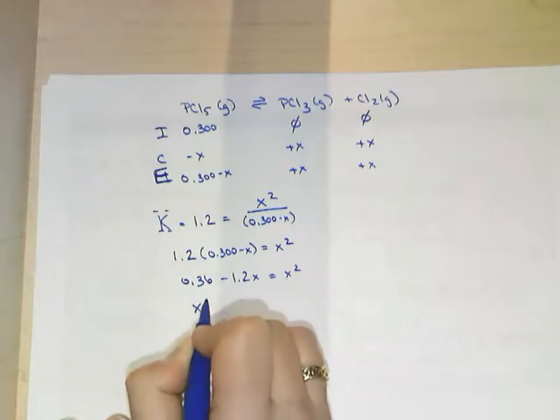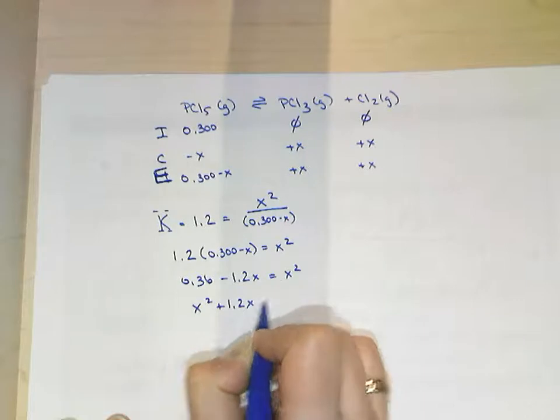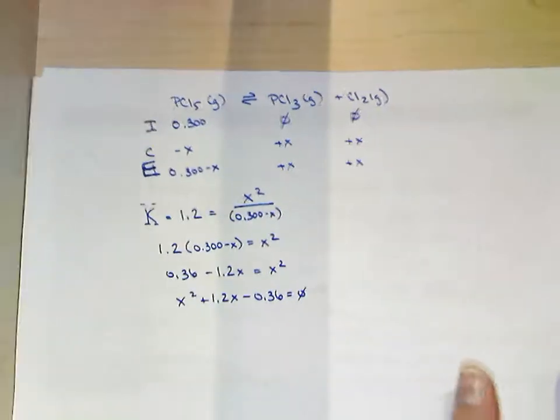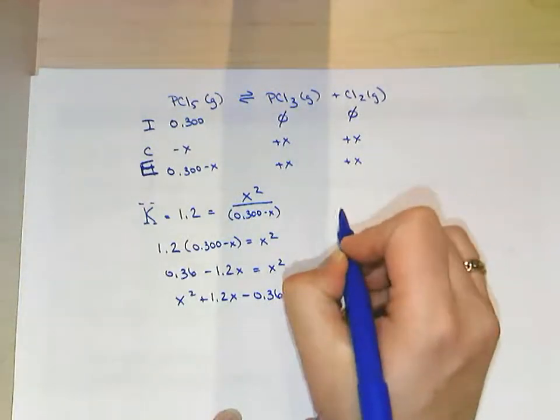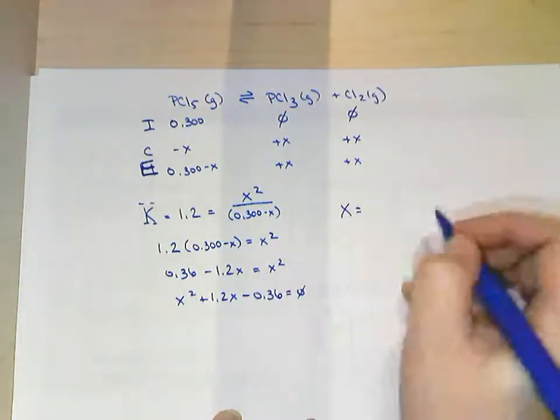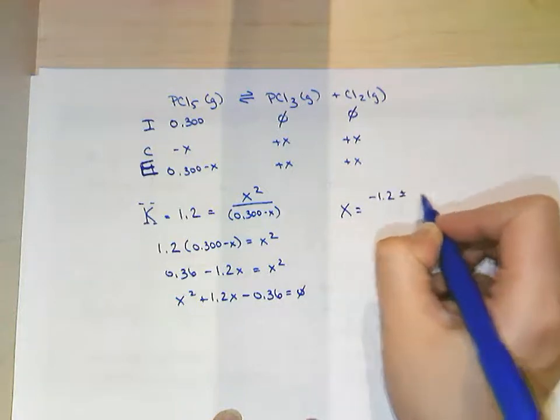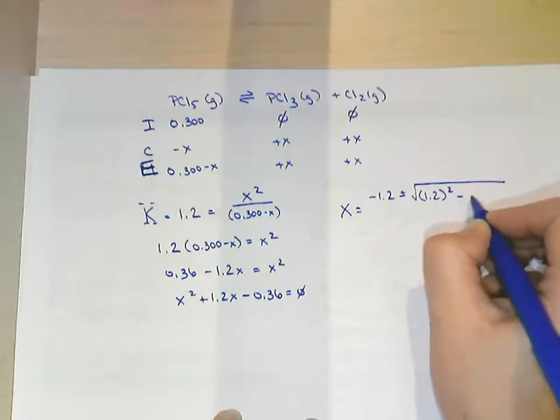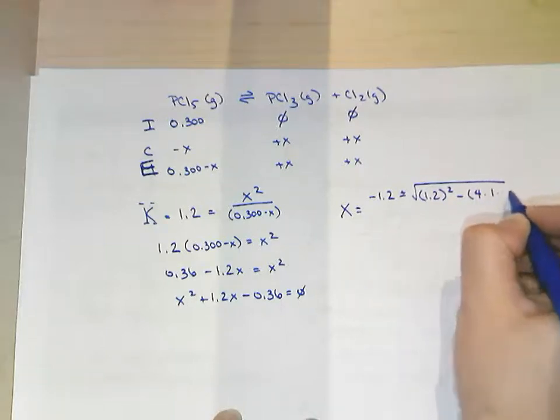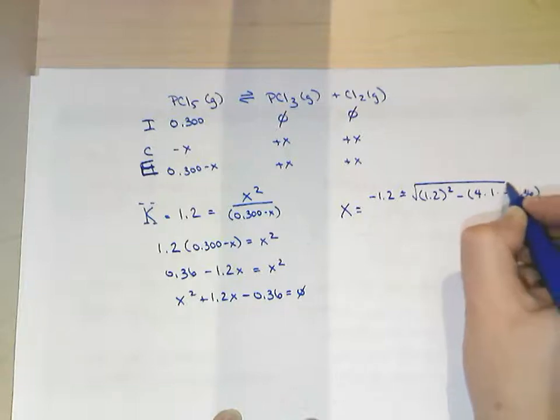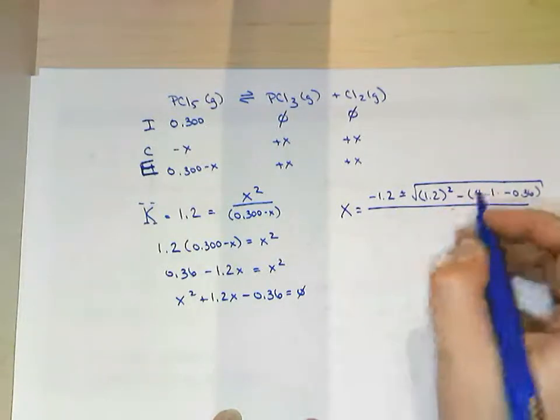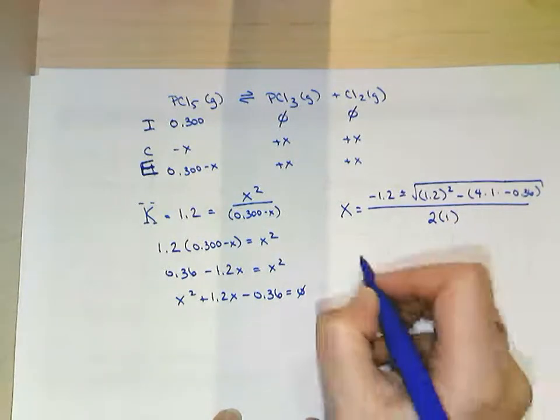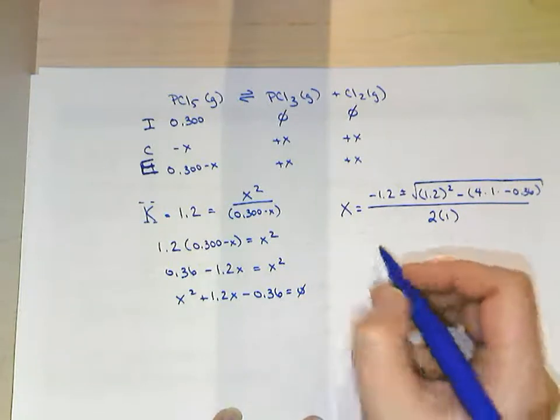Then we get into our form of the quadratic equation that we can use in the quadratic formula. So b is that, so minus 1.2 plus or minus the square root of 1.2 squared minus 4 times 1 times negative 0.36, all divided by 2 times 1, which is just 2 again. All right, so then doing some simplification.